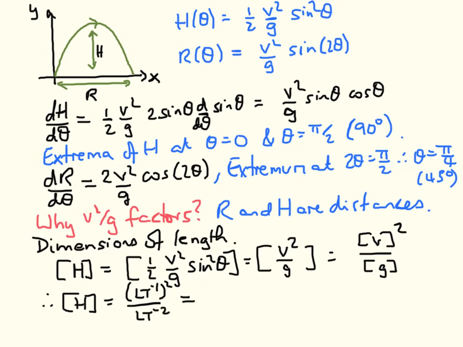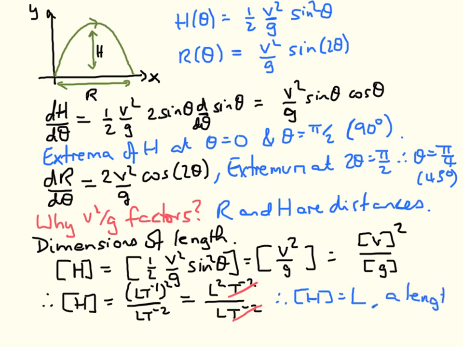So when we expand here in the numerator, when we square it, we're going to get L squared from squaring L, and T to the minus 1 squared is over T to the minus 2 over LT to the minus 2. So this and this cancel, and L squared over L is therefore going to have dimensions of L. It is a length.